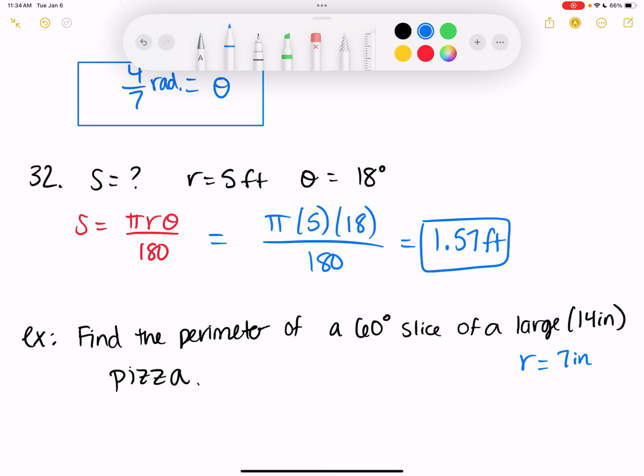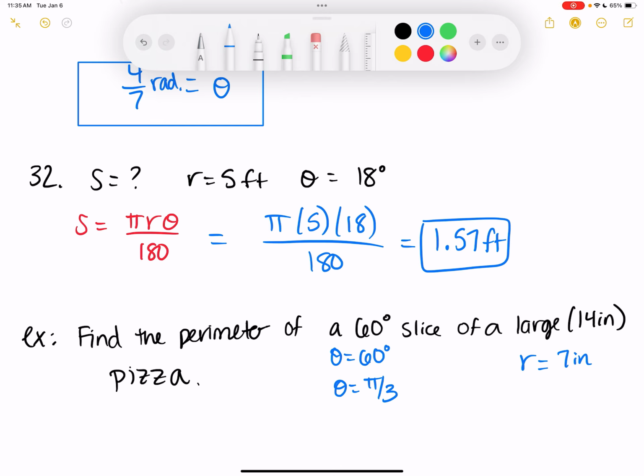This is my theta here, 60 degrees, but I'm going to need to convert it. You can either convert first or use the modified formula. Does anybody remember what 60 degrees is in radians? Pi over 3. So I'm going to just use S equals R theta.